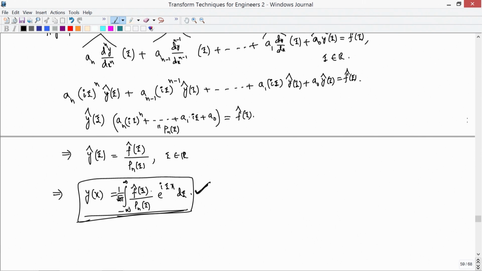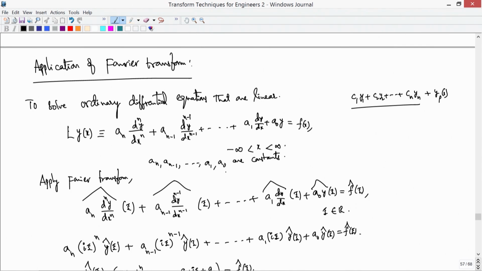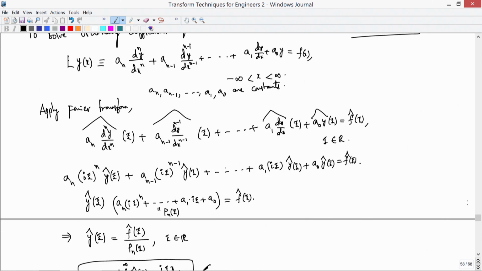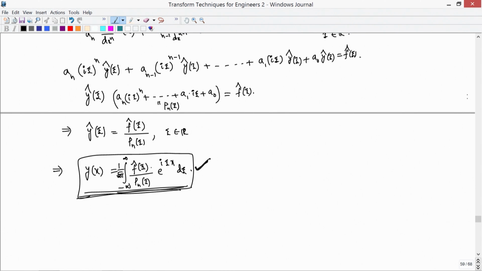When you put f equal to 0, you are getting y equal to 0. Okay. So, if you take f equal to 0, your solution by Fourier transform, f cap is 0. So, that makes y equal to 0. If f equal to 0, you get y of x equal to 0.